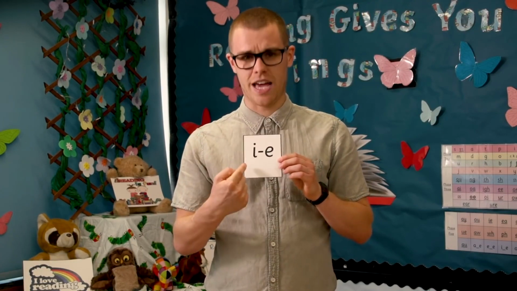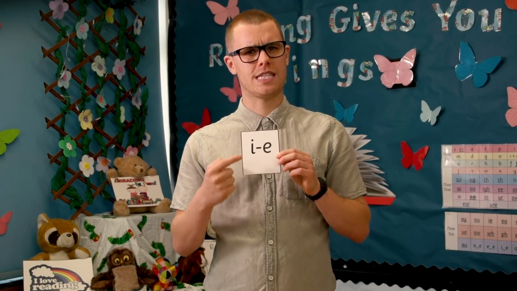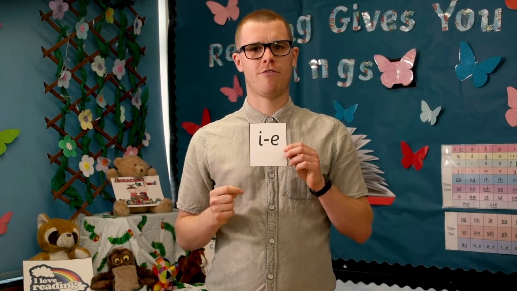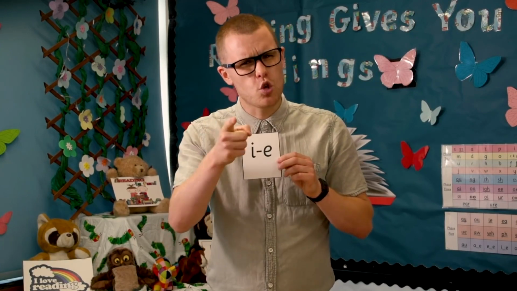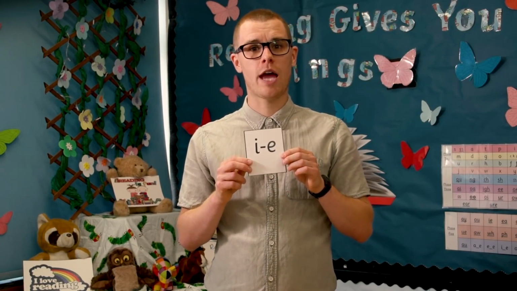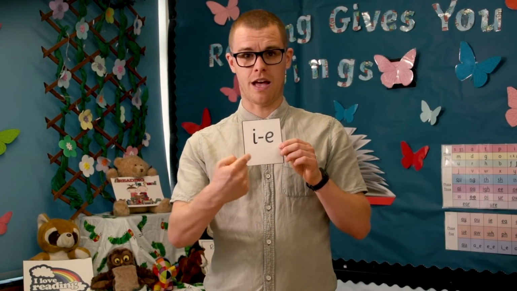However, in this digraph, the two letters that make the sound I are not next to each other, they are split up. This is called a split vowel digraph. I'm sure you've seen one of these before. Okay then, let's read the new grapheme for I. Say the sound I each time I show you this split digraph.